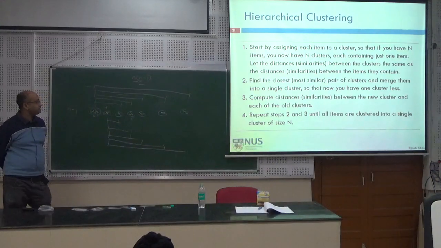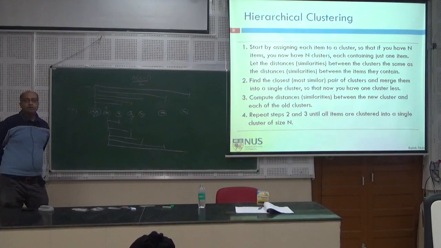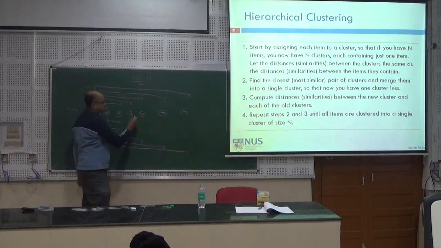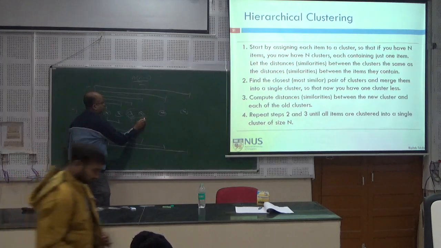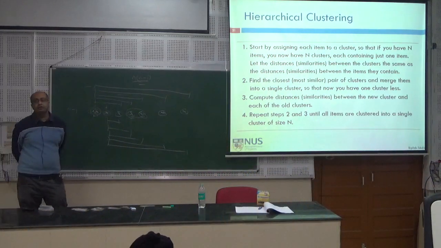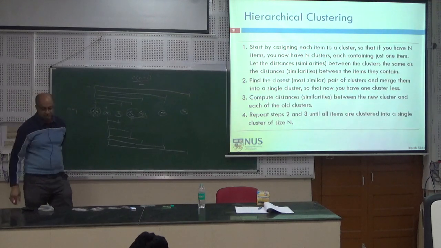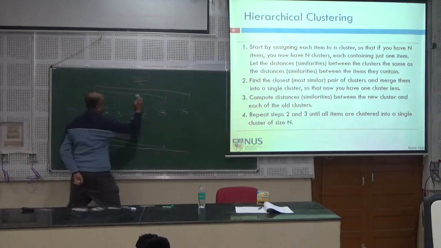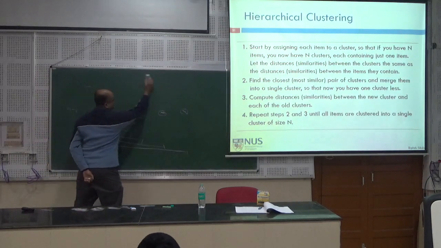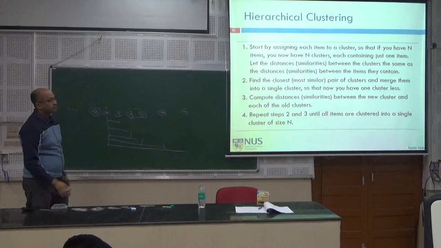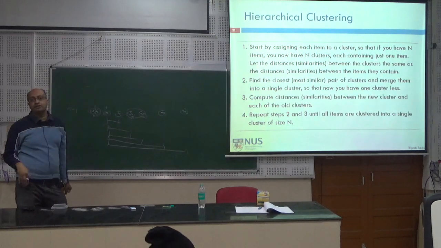Which is the smallest? Let's say these two are the closest ones. So now, these two will become their own cluster. I'm grouping together, and essentially I keep repeating this loop till everybody becomes one single cluster.